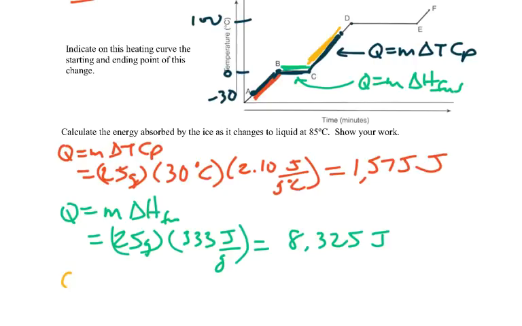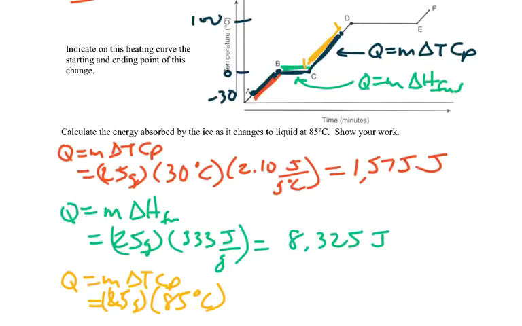Then let's do it yellow for this last part. This is going to be Q equals m delta T Cp. I'm going to have 25 grams. This time my temperature changes, it ends at 85. I started at 0, so it's 85 degrees. So 25 times 85.